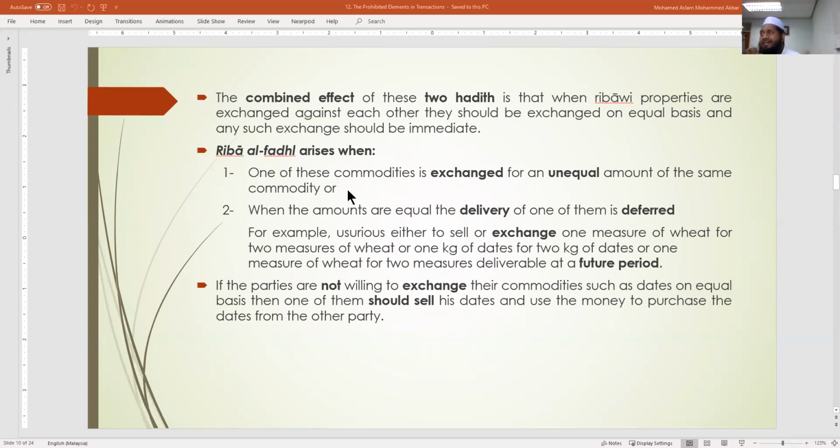Riba al-Fadl arises... the combined effect of these two hadiths is that when ribawi properties are exchanged against each other, they should be exchanged on an equal basis, and any such exchange should be immediate. This is what I'm talking about with currencies. If I exchange ringgit versus US dollar, I have to exchange on the spot.